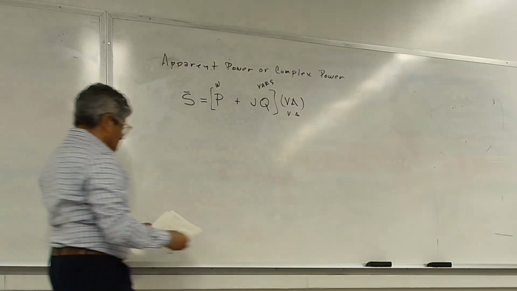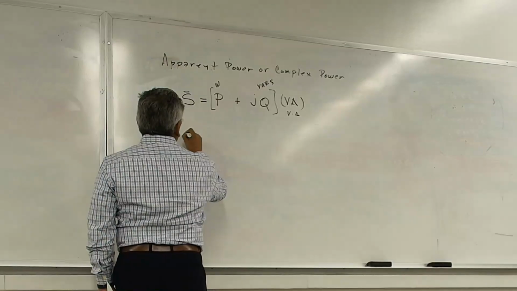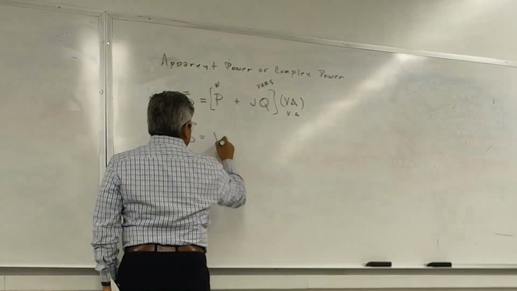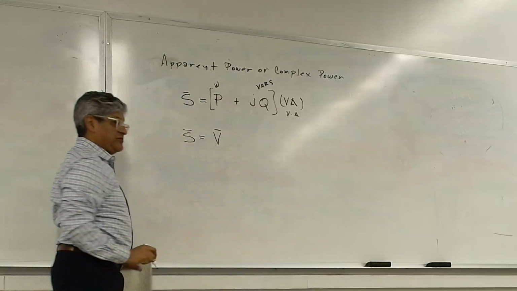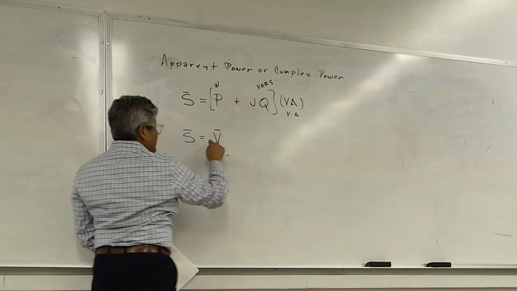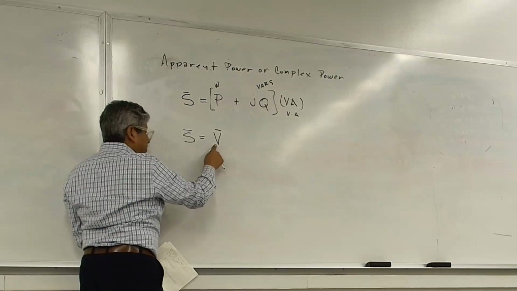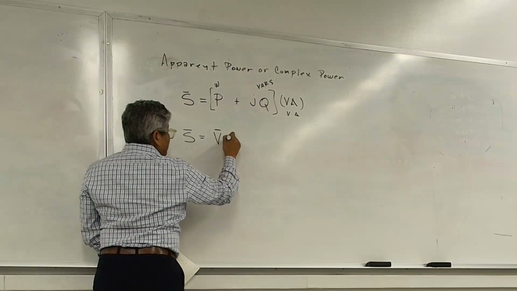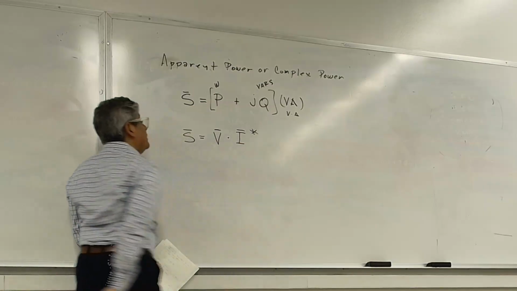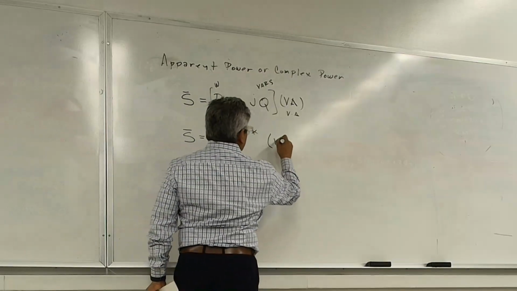You can also use the following formula to find the apparent power. S is equal to the V phasor, these are magnitudes, this is real, this is imaginary. If you know the voltage phasor, you multiply it by the current phasor conjugate. You get the same thing, volt amperes.